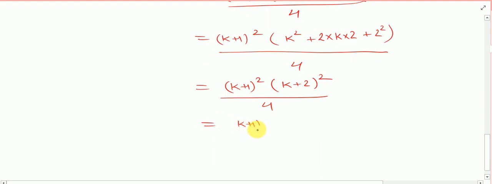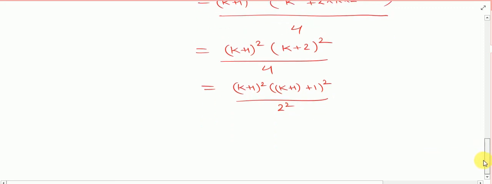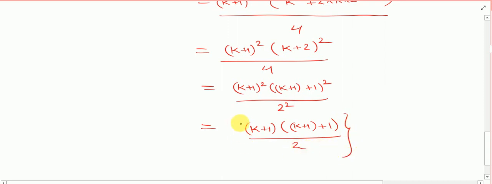Next you get (k plus 1) square (k plus 1 plus 1) whole square, and here 2 square, and this whole thing can be written as (k plus 1) and then (k plus 1 plus 1) upon 2 whole square.